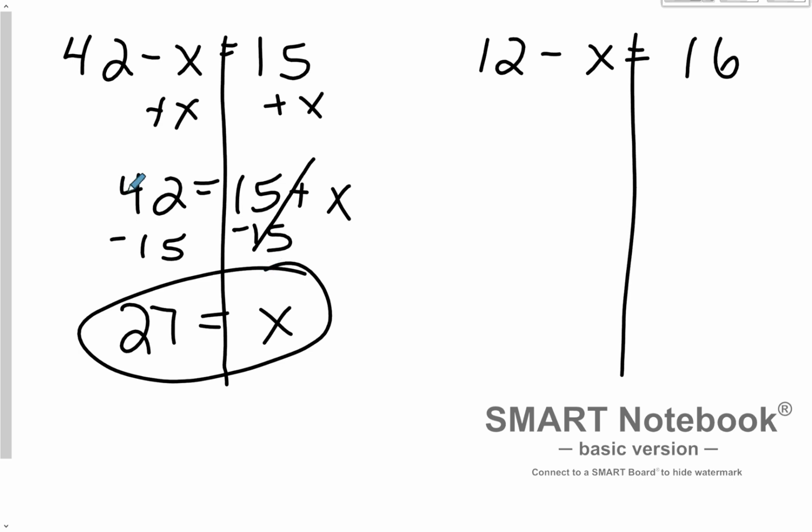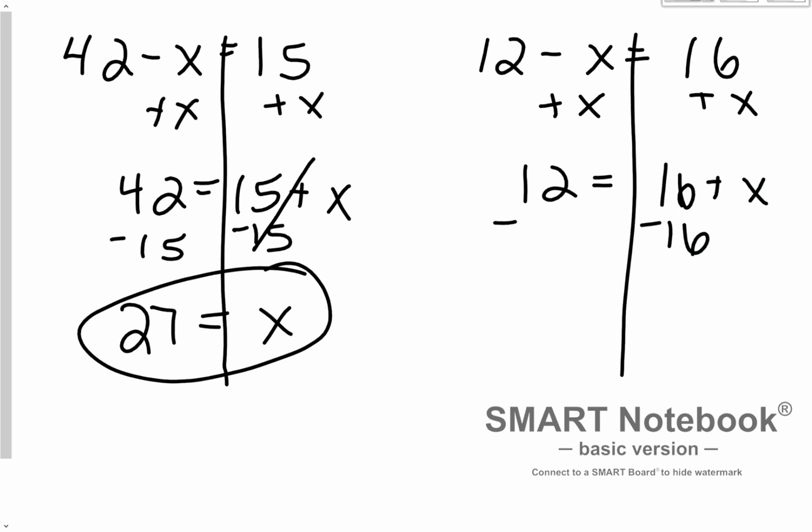You could have also subtracted 42 from both sides. You get negative x equals negative 27. If negative x equals negative 27, positive x equals positive 27. Last one, we'd add x to both sides. I need to cancel out a plus 16, so I subtract 16.